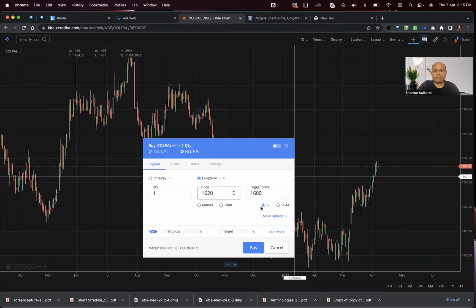I'll explain one more time. Current market price is 1593, 1583, whatever. I want to buy at 1600. I will use either an SL order or an SLM order. If I choose an SLM order, I just have to mention what price I want to buy. If I choose an SL order, I need to mention within what price I should be buying this.